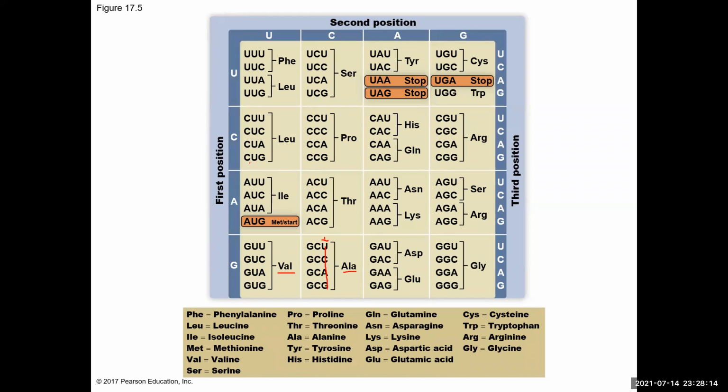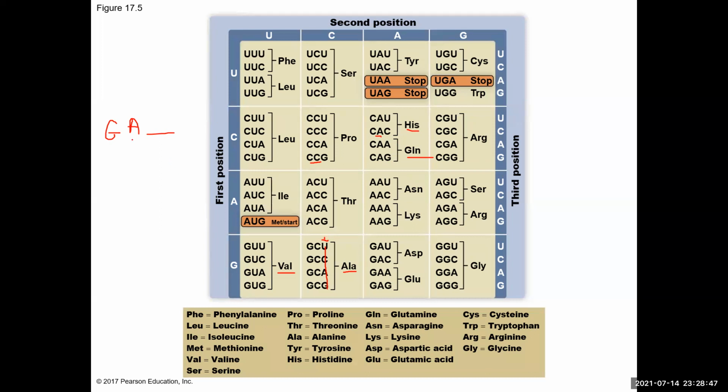Same thing with CU, same thing for CC, right? You have some cases though where CA codes for two: CAU and CAC are histidine, and CAA and CAG are glutamine. So what this means is that if you have a mutation, like G, A, and then whatever, you're most likely not changing that amino acid, okay?